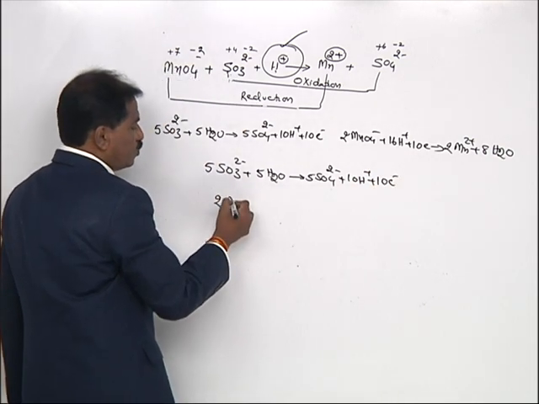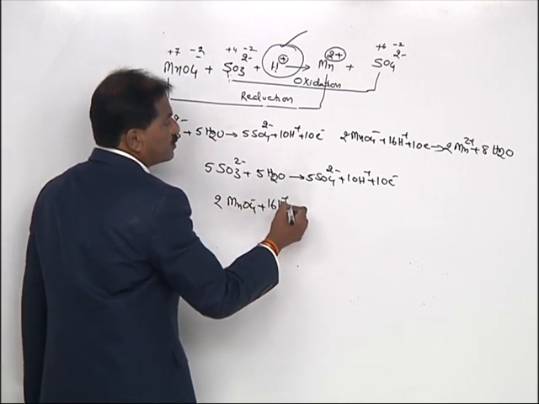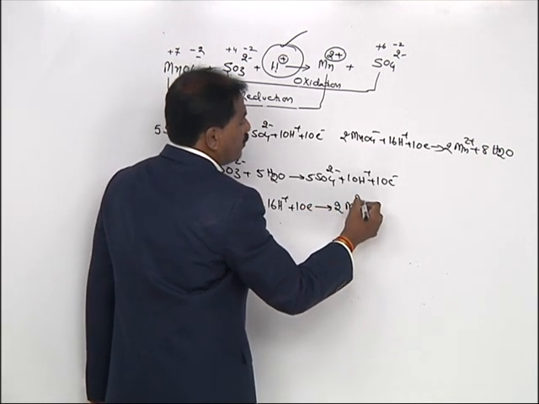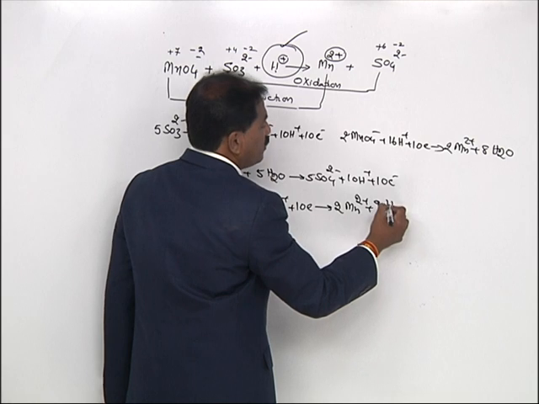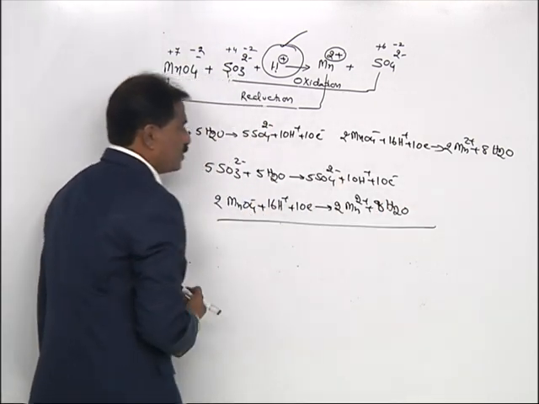There, 2MnO4- plus 16H+ plus 10 electrons gives 2Mn2+ plus 8H2O. Now add the 2 reactions with each other.